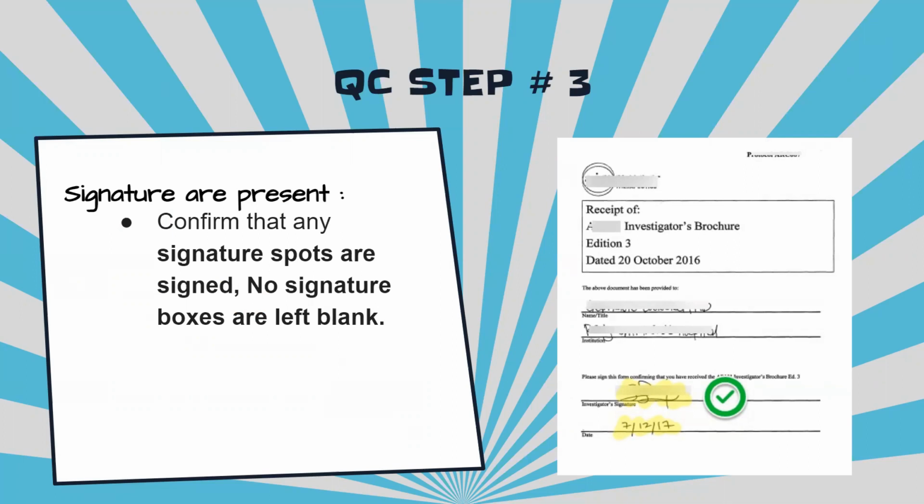It does not need to be signed. But then somewhere else, there needs to be, for each site, the appropriately signed signature line. So this is an IB, investigator's brochure. It has the date, and it has the signature and the signature date. Those are the two things you're looking for. And as you see here, there's edition 3. Usually there are multiple IBs, and so you want to make sure you have all of them and they're all signed.